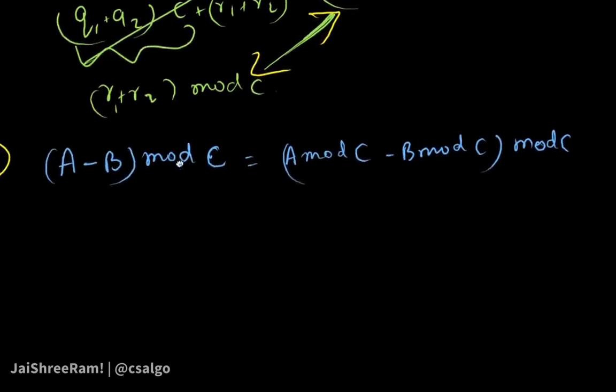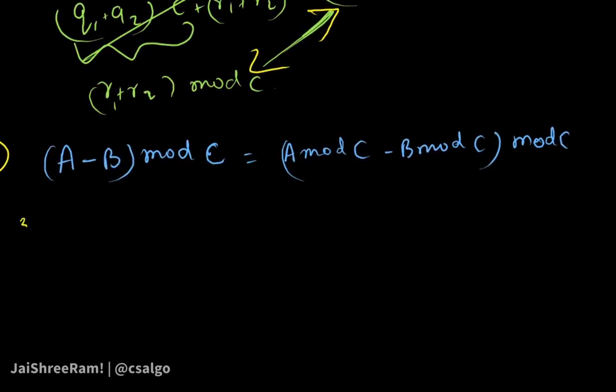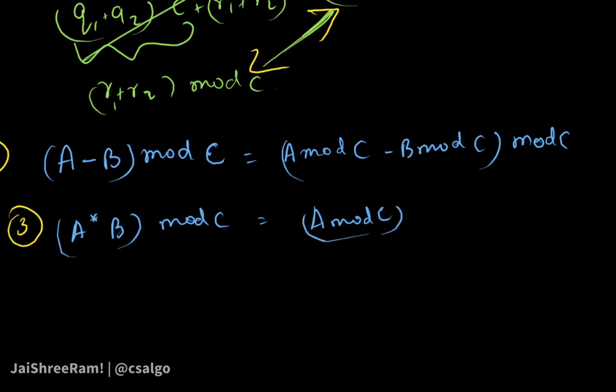Now let's look at the theorem for multiplication. For multiplication as well, things are pretty similar. If you want to multiply a and b and then take modulo c, it's the same as taking modulo first with both the numbers, then multiplying, and then again taking a modulo, because this multiplication can get bigger than c, right?